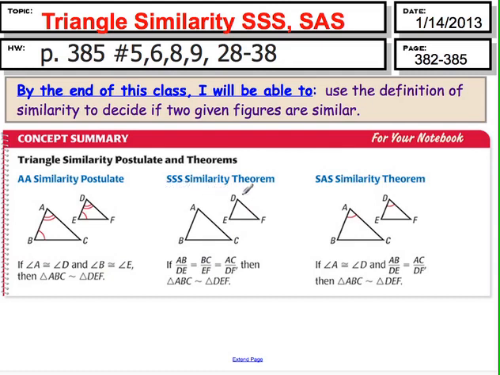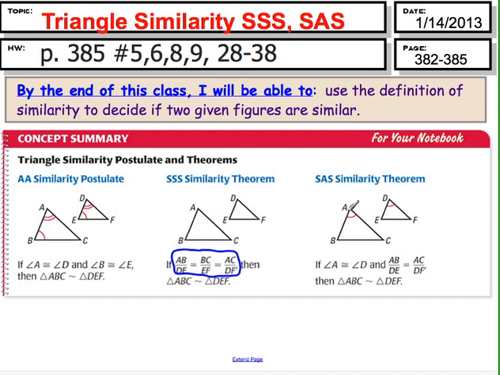The side-side-side similarity theorem will require a statement of proportionality where the corresponding parts of the triangles have the exact same ratio. In the side-angle-side similarity theorem, you need one angle and then the two sides that are next to the angle.